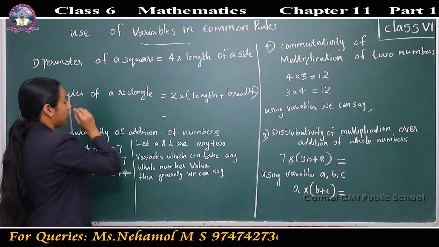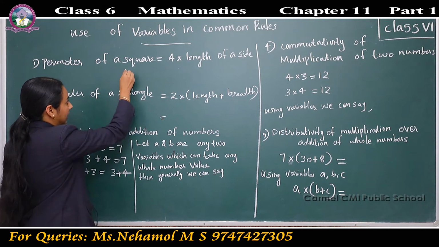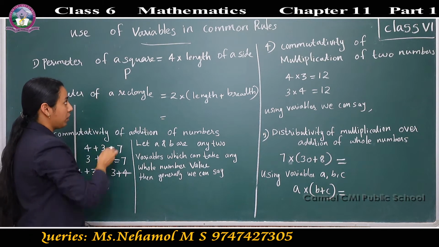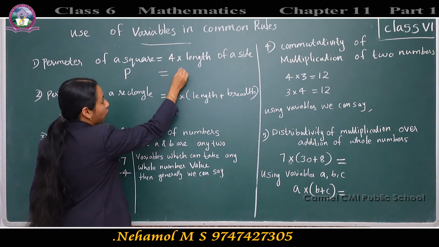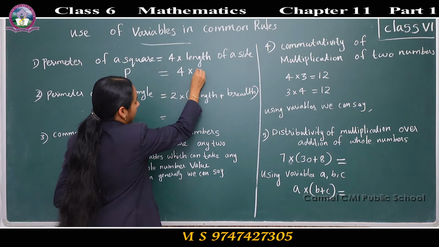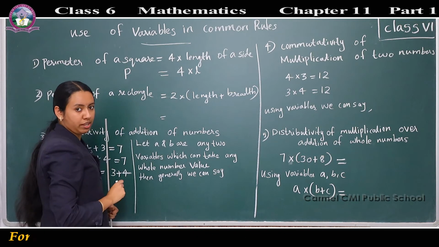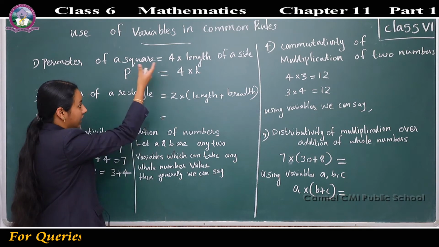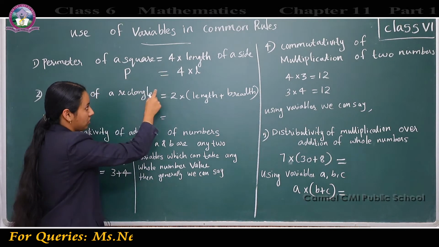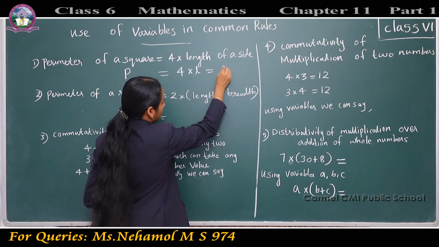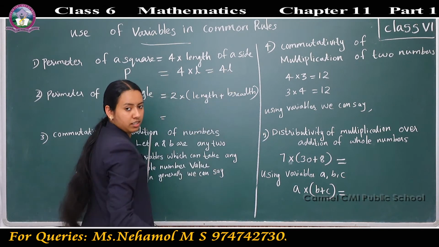Using variables, we can write it as P equal to 4 into L, where P represents the perimeter of a square. P is a variable, L is also a variable. Then 4 into L means 4L.